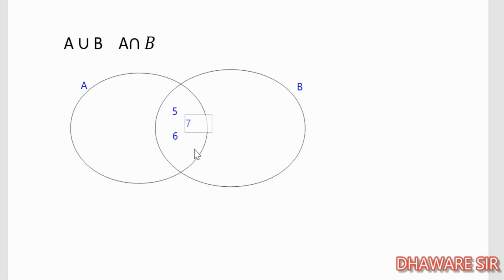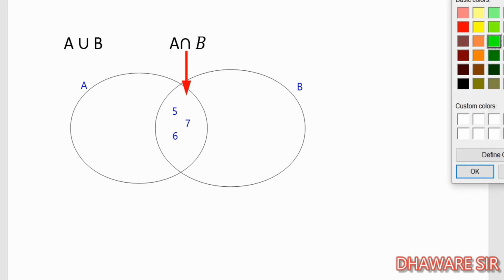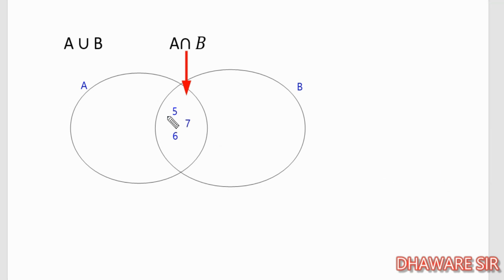These are the common elements, indicating A intersection B. We can point this out and be clear that 5, 6 and 7 are the common elements.